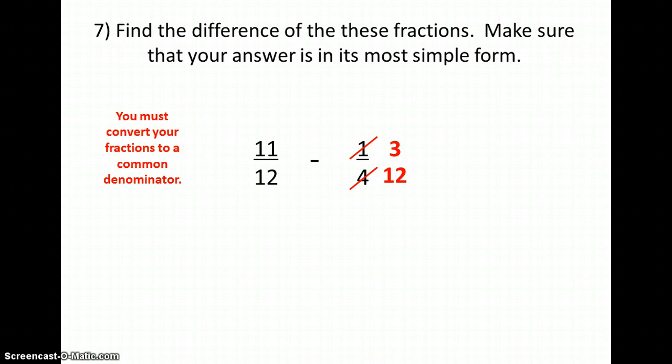So 11 minus 3 is 8, and I keep the denominator 12. Now I need to simplify 8/12. If I divide 8 and 12 by 2, I get 4/6, but this is still not in simplest terms. So I need to find a common factor of 4 and 6, which is 2, and I get 2/3. That's my final answer.